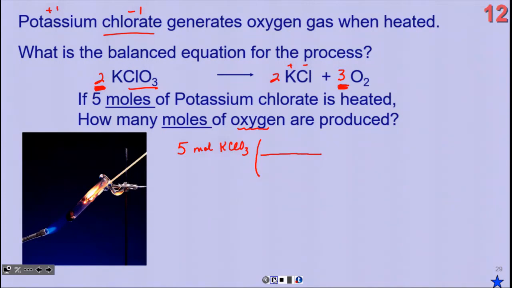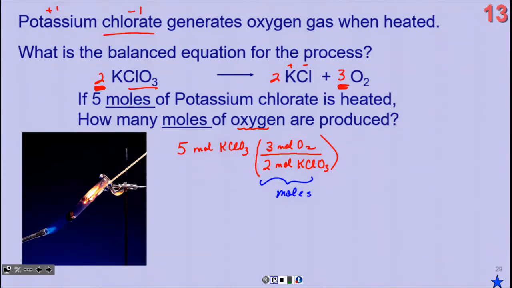And so the way to do this to make sure that ratio allows something to cancel is you put the one that needs to cancel out on the bottom, so the potassium chlorate belongs on the bottom with its coefficient from the balanced equation. And then the oxygen goes on the top, so 3 moles of oxygen goes on the top. Remember that the balanced equation can refer to atoms and molecules, but also moles. And so we'll use this mole ratio to relate these 2 species in the reaction process.